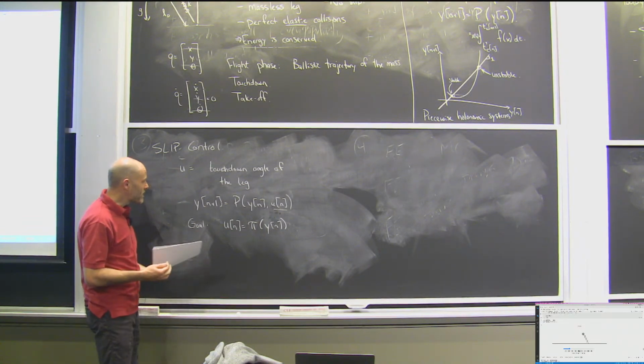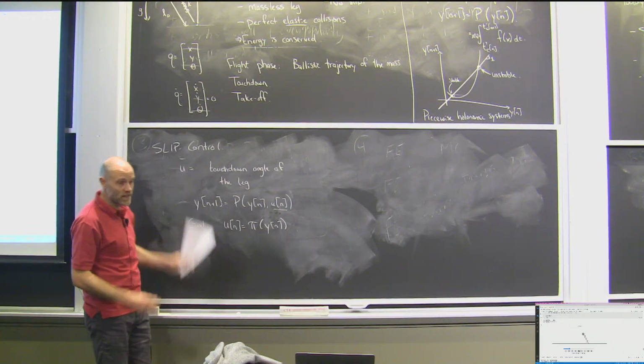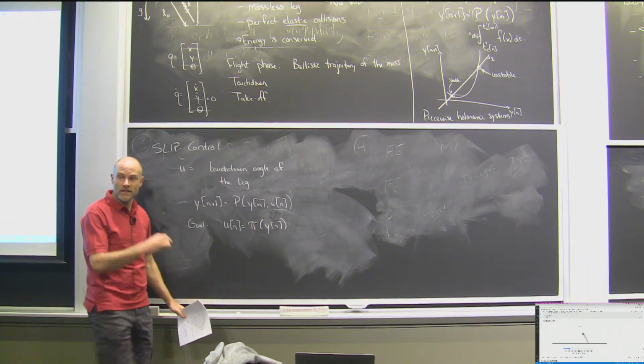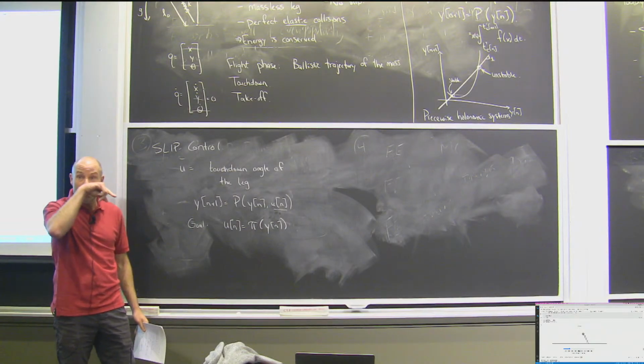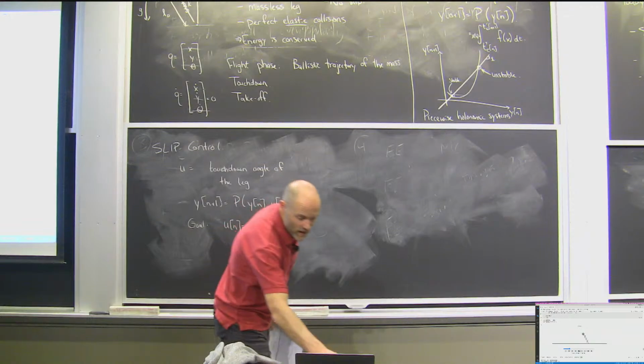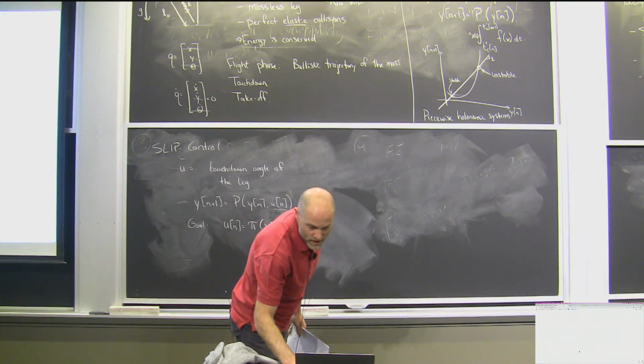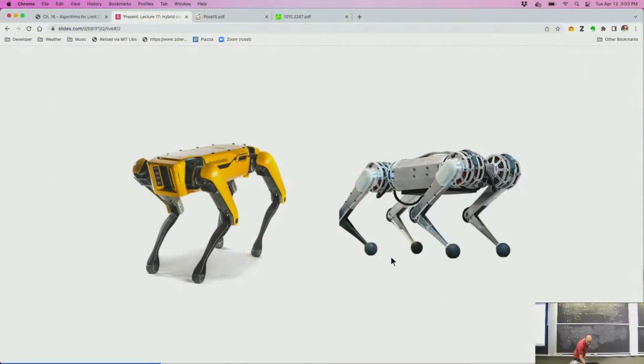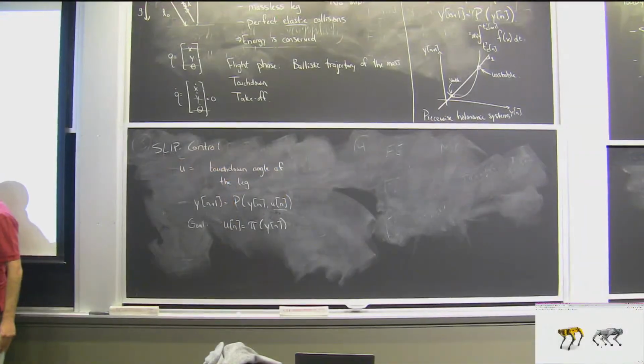And by the way, if this offends you, this notion of having the ability to make an instantaneous control decision and really only having one decision per cycle, I would say that this is how robots are being built these days, right? This is a Spot Mini, this is Mini Cheetah.